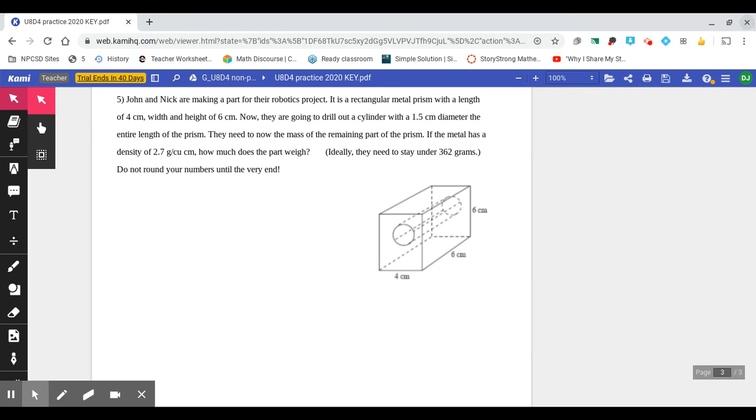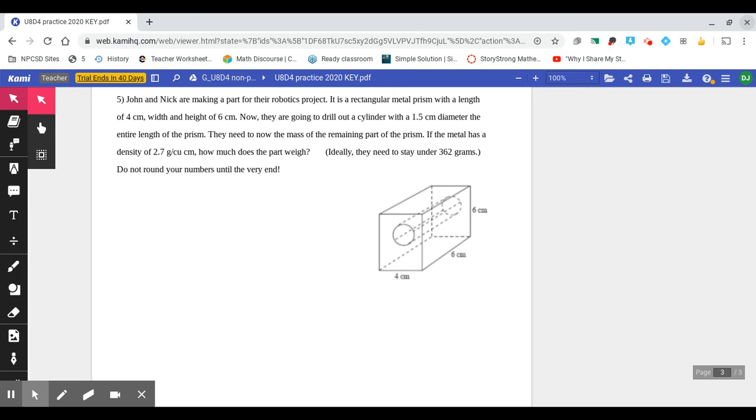Okay, so we have this problem, right? John and Nick are building a part for their robotics project, and they have a part that has a rectangular prism. You can see the dimensions, the length and the height and the width. And they're going to drill out a cylinder, right? That's the whole length of this piece.